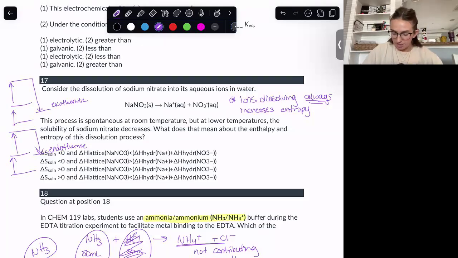So if the delta H of your hydration is harder to do than the entropy of the solution, then you will have a cool solution afterwards, because the change in entropy is not enough to make up for the change in enthalpy that you're getting for dissolving something.